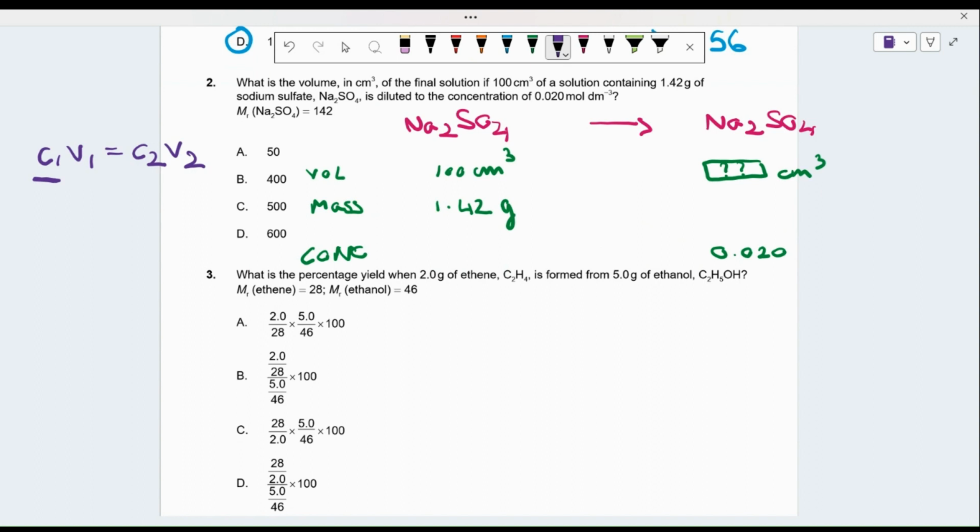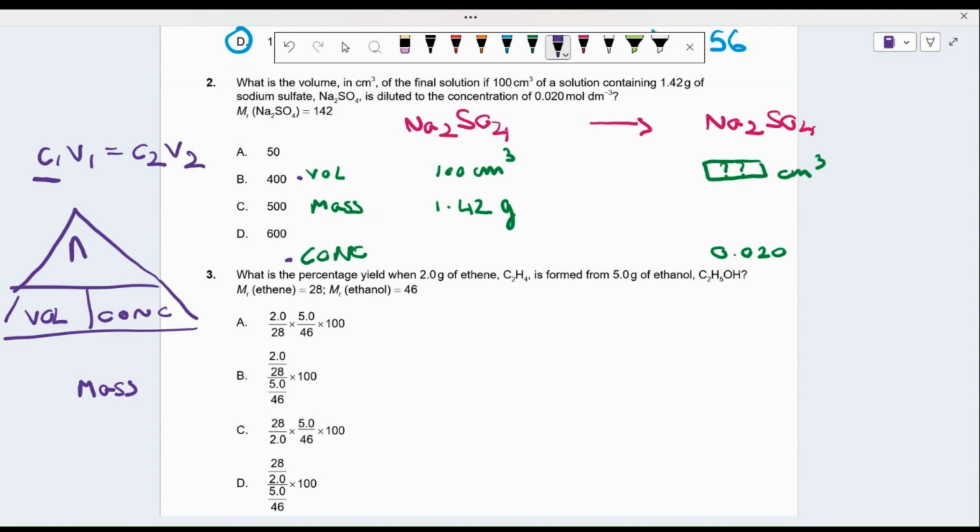We know that volume, which we're given, and concentration, which we're trying to work out, are linked by this formula, this triangle here. So let's try and work out moles. How do we do that? Well, we use a different formula, this one: mass, Mr, moles.